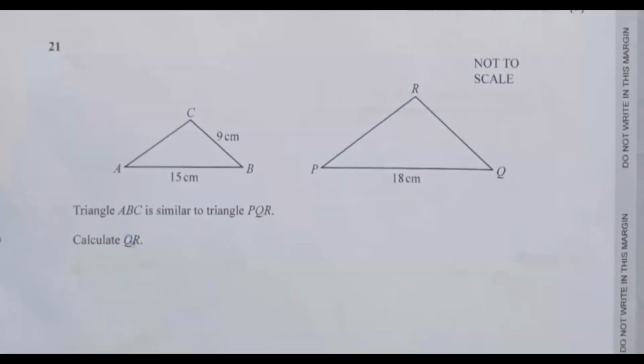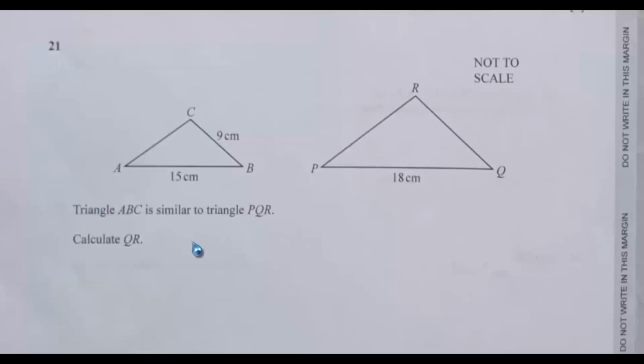So question 21, triangle ABC is similar to triangle PQR. Calculate QR. Since they are similar shapes, you can take the ratio of their corresponding sides and that will give you your answer.